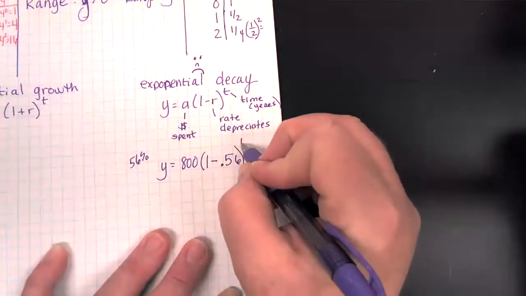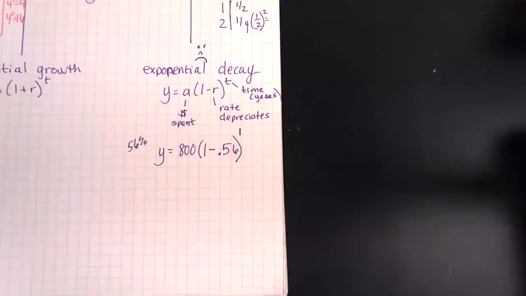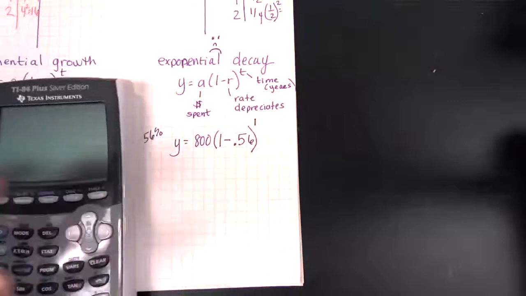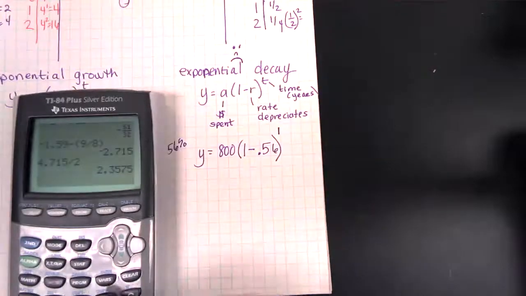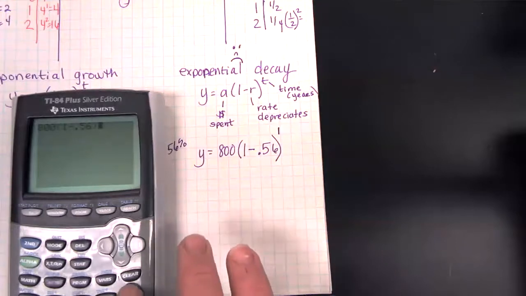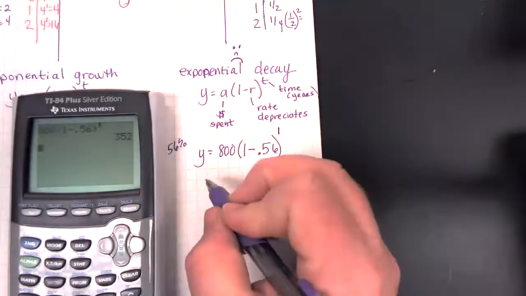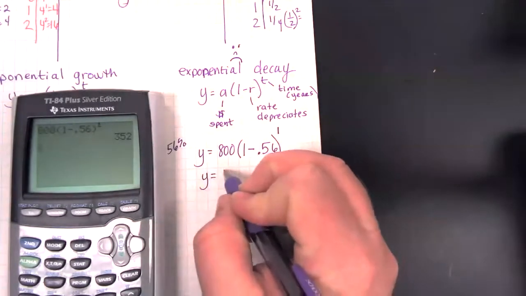And we want to find out how much that cell phone is going to be worth in 1 year. On your calculator, you can plug this whole thing in. So 800 times 1 minus 0.56. You can even go to the first power, but anything to the first power is the same, so it really doesn't matter. And it is $352.